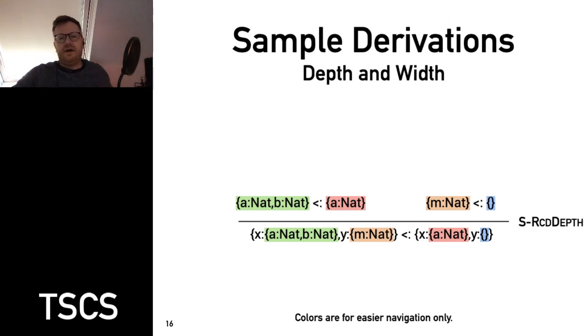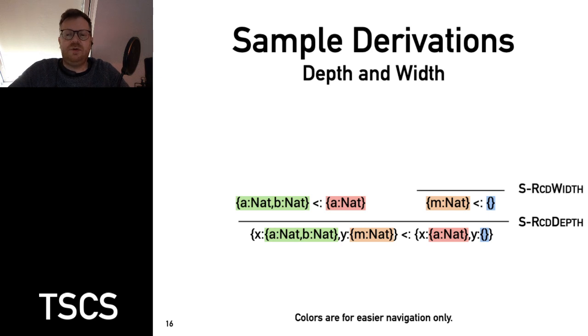So this green part, A nut, B nut, needs to be a subtype of the X on the right side, which is A nut. And M nut, which is the type of Y, needs to be a subtype of the empty record. And now we need to come up with derivations for these premises. So let's look if we can do that.